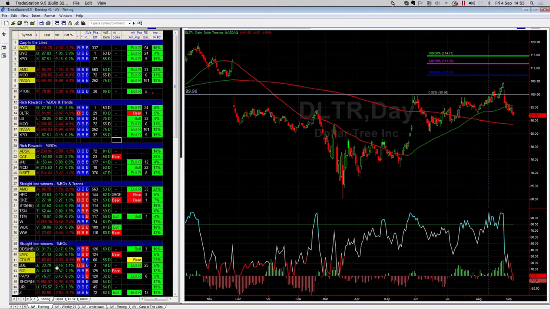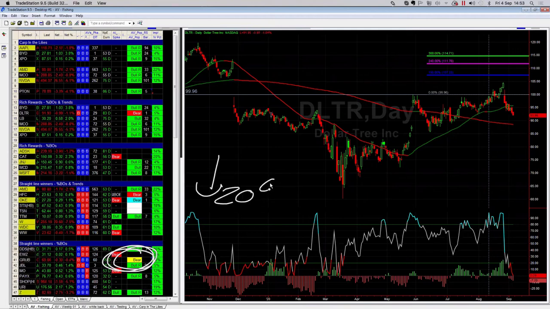I can go and see, like right now. So the yellow box here says bear, if you can't read it. That tells me that I'm in the bottom 20% of its rolling 30-day range. And then looking left a little bit, I want to see a phase 3 bearish trend. I want to see red, red, red.